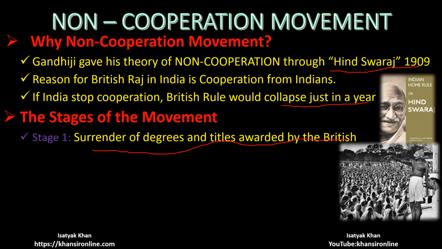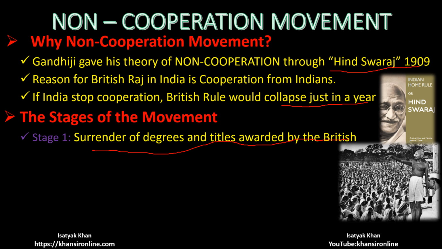Gandhiji said that in stage 1, all the celebrities, political celebrities or celebrities from the field of literature or any field, are known people, and if they surrender their degrees and titles, it will make headlines in the newspapers. People in the country will read about this and come to know what is happening, why these big and great people are protesting, why they are surrendering their titles.